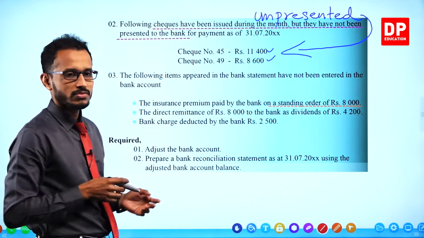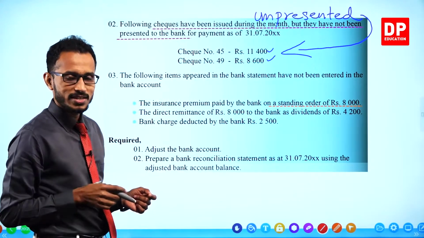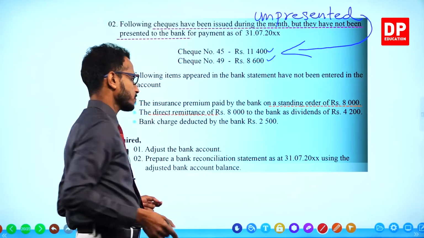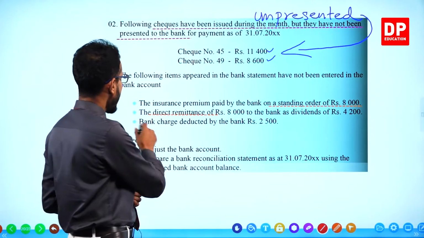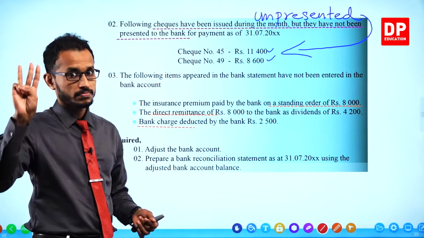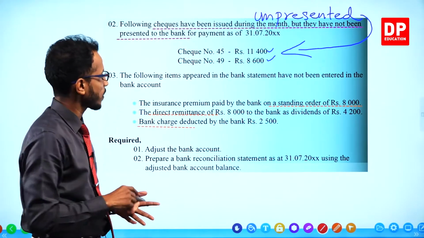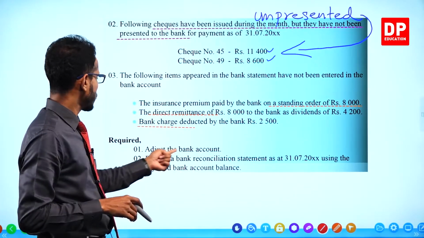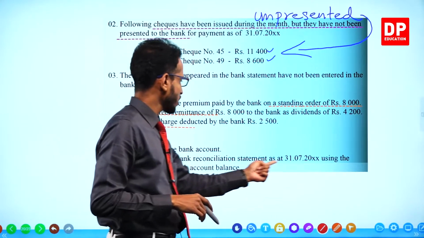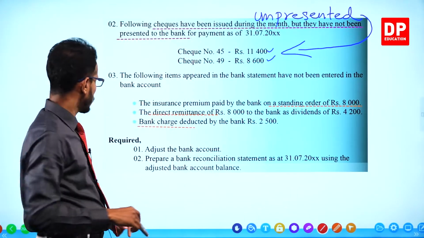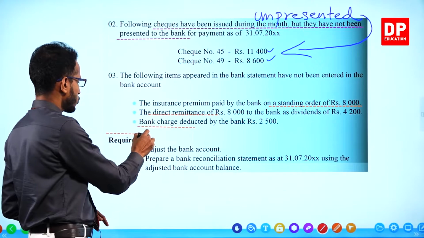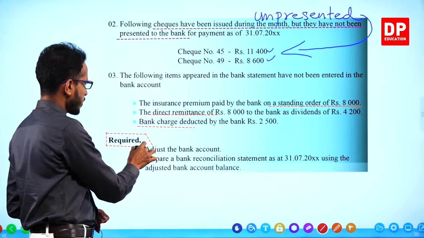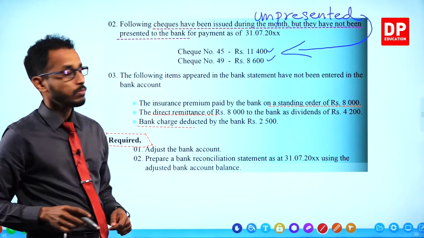And now we get the things to enter into the adjusted bank book: direct remittances, bank charges. That's it. Adjust the bank account and prepare the reconciliation statement. Two things to do, and we are going to do it right now.